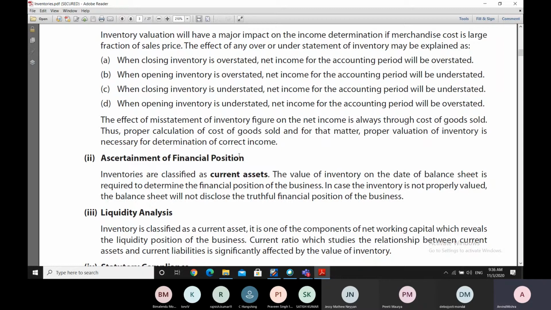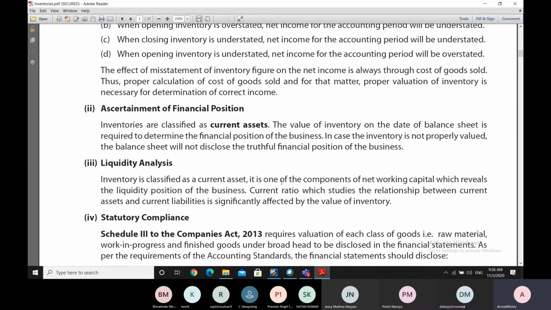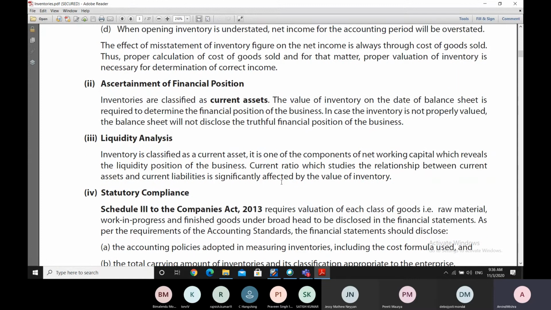So second point is that to determine the financial position that is coming from the balance sheet, we need to determine the closing inventory, because the closing inventory will affect the value of the current assets, and the value of the current assets will determine the value of the financial position, or rather it will affect the ascertainment of the financial position of that concern. So that is how inventory is important to find out the financial position.